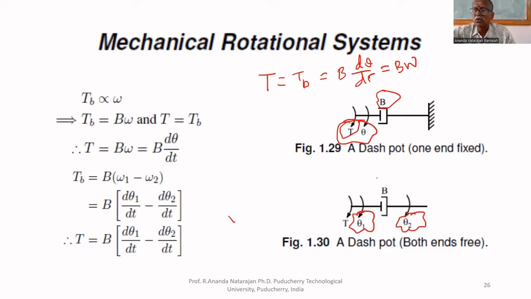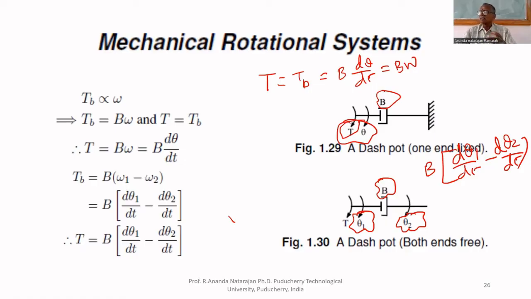If both ends are free, one end has a displacement of theta 1, the other end has a displacement of theta 2. The dashpot constant is B. Therefore, B multiplied by d theta 1 by dt minus d theta 2 by dt. Why is theta 1 taken as positive? Because theta 1 is at the end in which torque is applied.